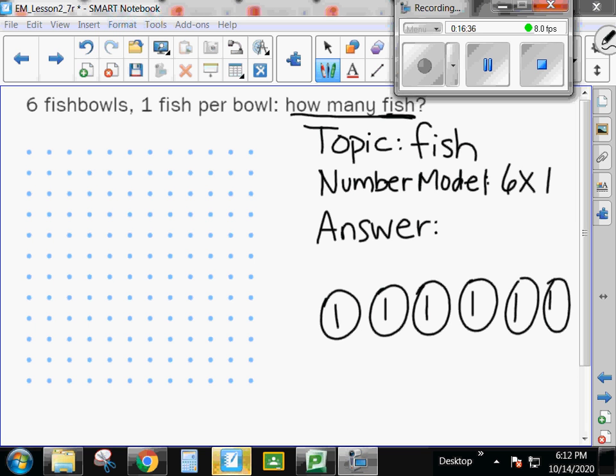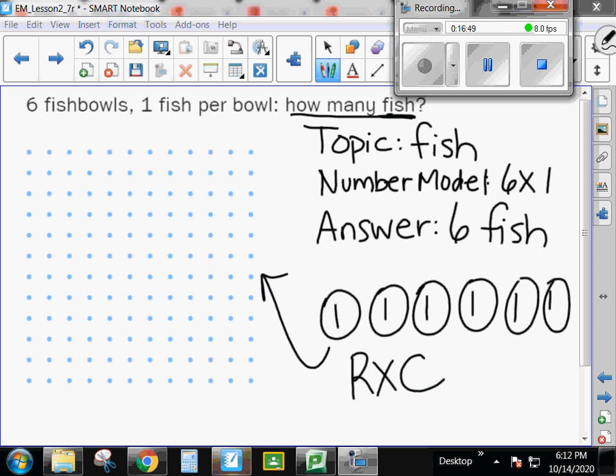What is my answer going to be? My answer is going to be 6 fish. But now I want you to represent this as an array. Remember, rows times columns. So you have to do a 6 by 1. Go ahead and pause the video, do your array, and then check to see if yours looks like mine.